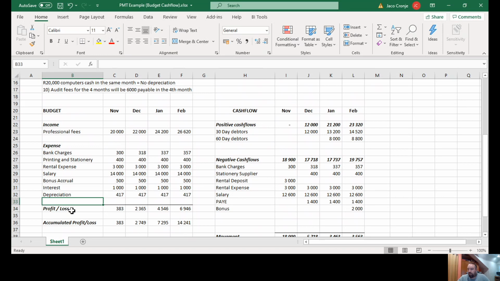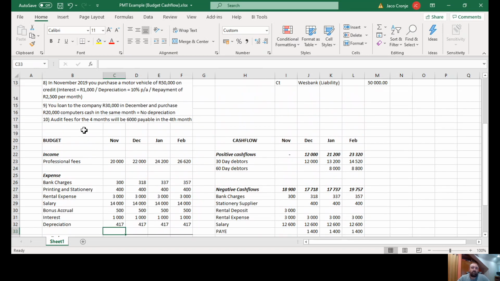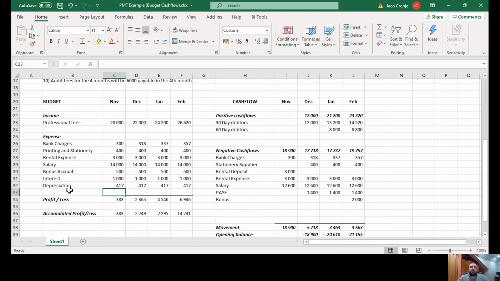And the answer is no, because the interest I've already included, but the capital portion, I don't lose value because that full amount, yes, it goes out of my bank, but my liability towards Westbank decreases by the same amount. So I don't actually lose value. The funds go out of my bank, but so does my liability decrease by exactly the same amount. So the monthly repayment will not be included in my budget.